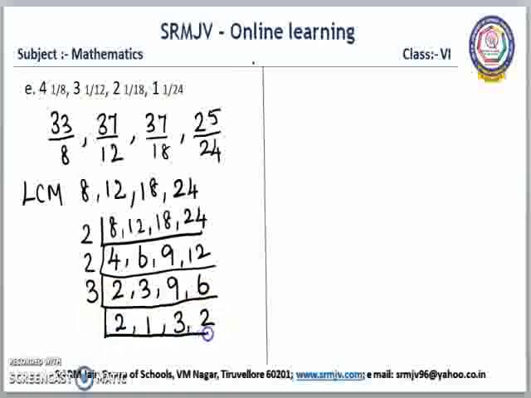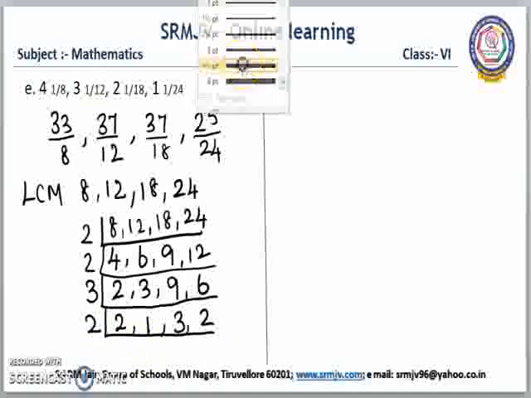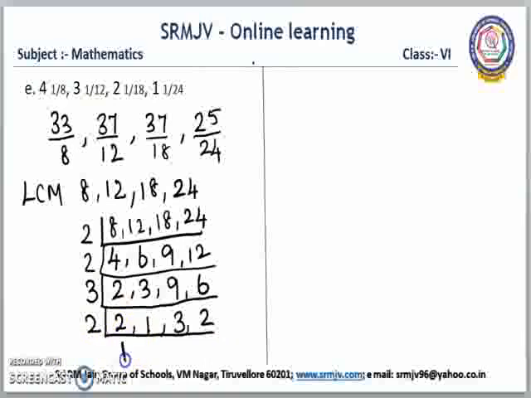Now we have to divide by 2. So 1, 1, 3 is not divisible by 2, so 3 as it is, 1. Here there are no more common factors other than 1, we have only 3. So we can stop here.